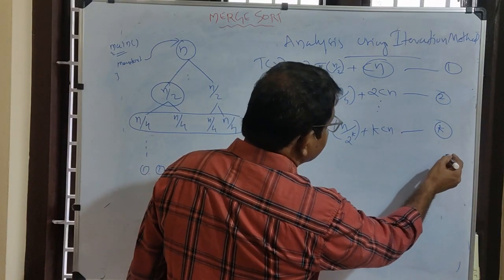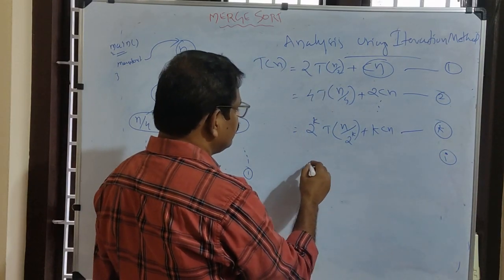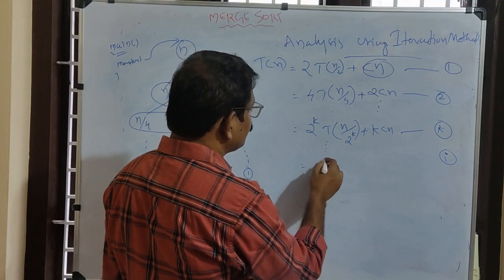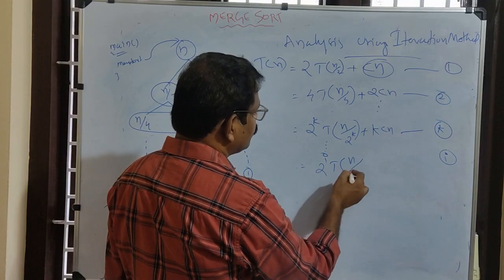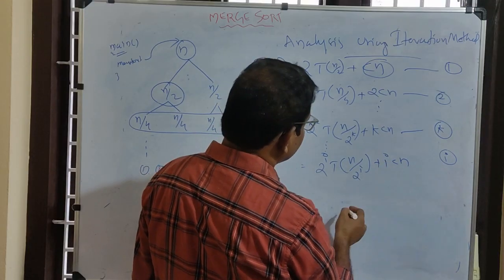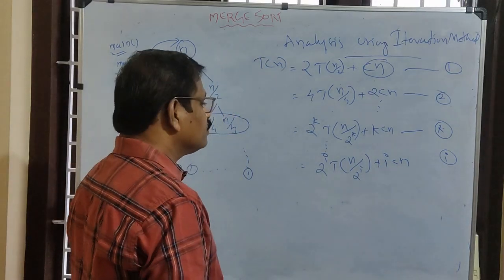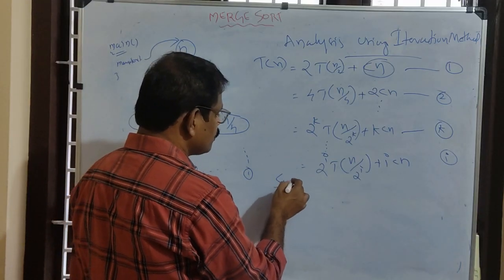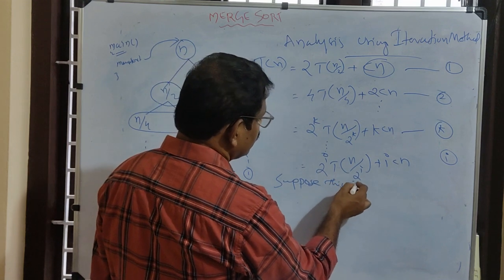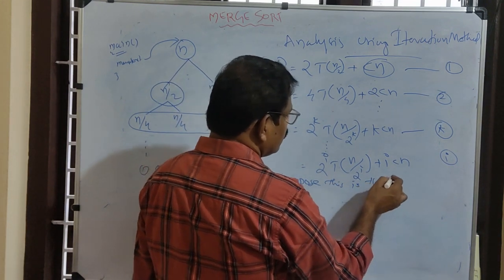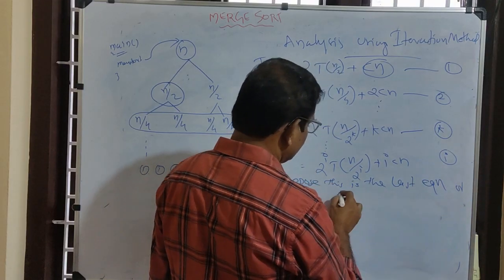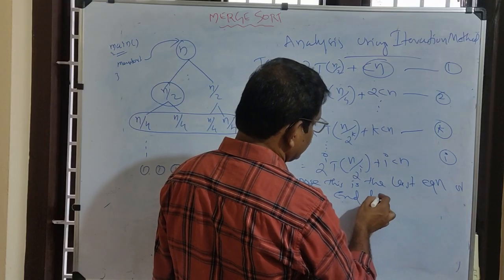And what will be the ith equation? We are proceeding like this, it will be 2 raised to i T(n/2^i) plus iCn. This is the ith equation. Suppose this is the last level, the last equation or the end of recursion.